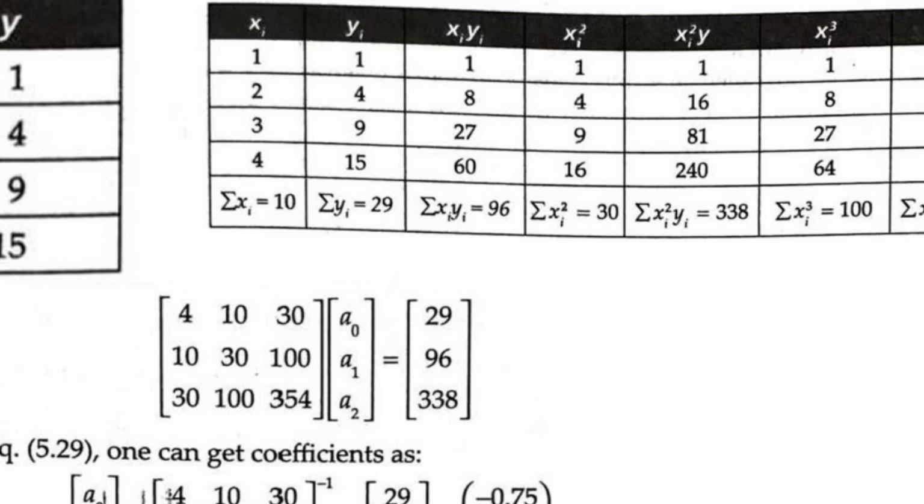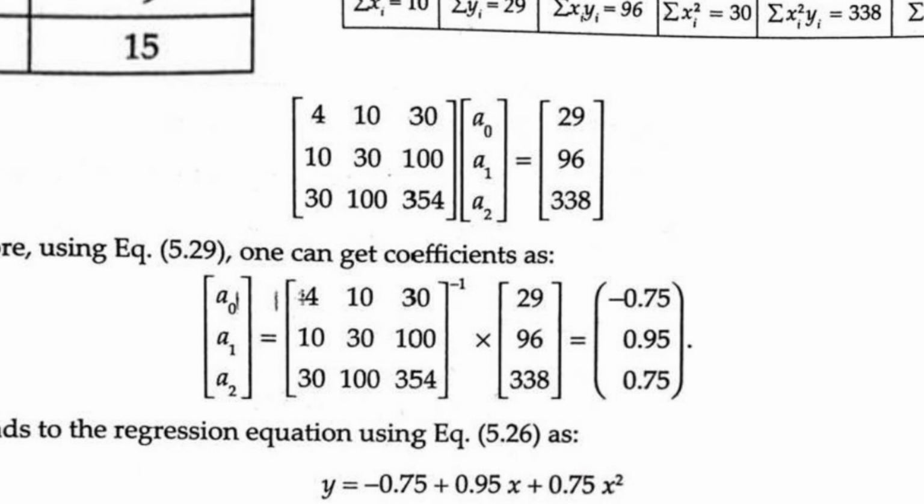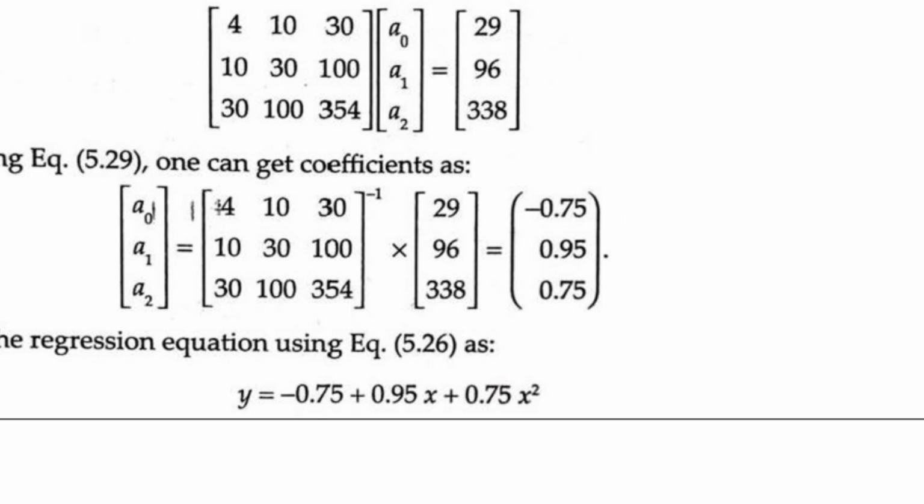In the same way, sigma y is 29, sigma xy, sigma x²y. The first is sigma y, the second one is sigma xy, the third one is sigma x²y, like that it goes. So A can be computed as the inverse of this matrix times this one. So we'll get the answer. Try this in your free time.